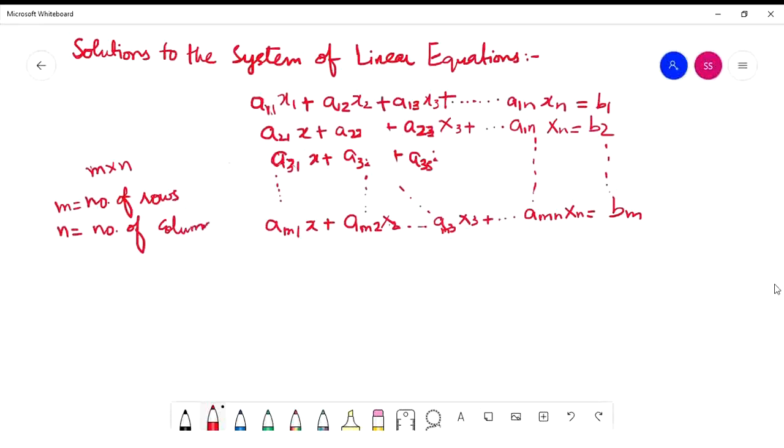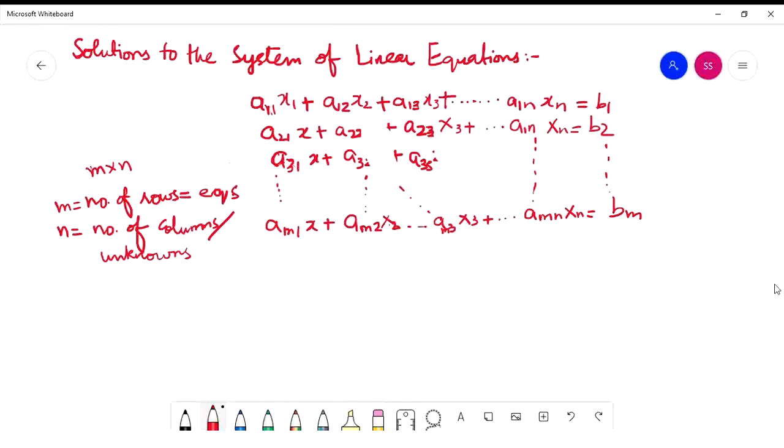One more thing is that m, the number of rows, also represents the number of equations. And the number of columns, x1, x2 to xn, also shows the number of unknowns. So this is all about the system of linear equations.